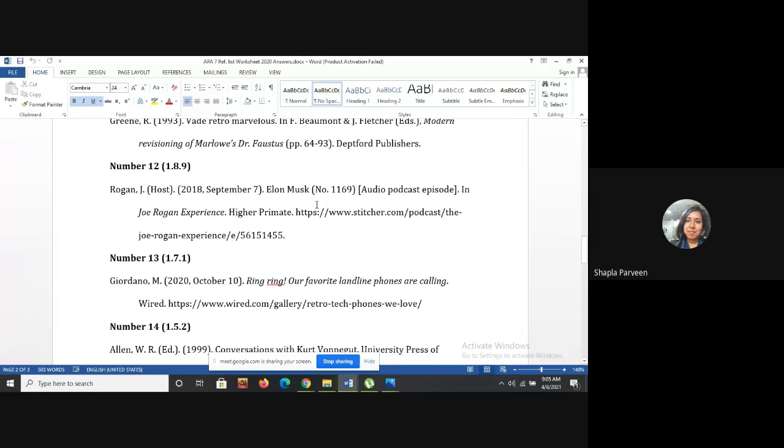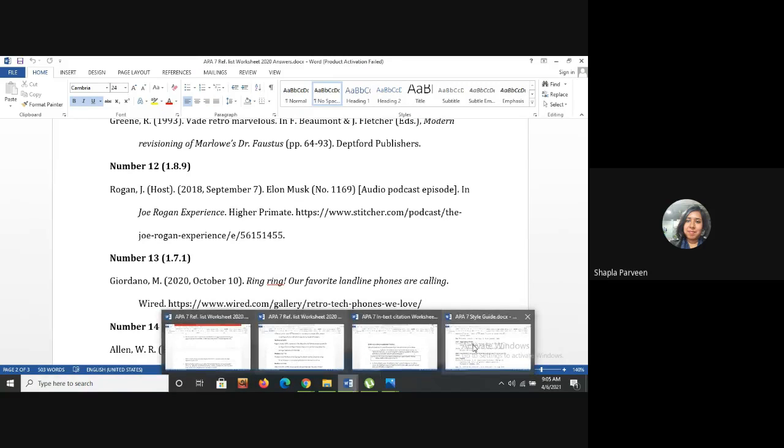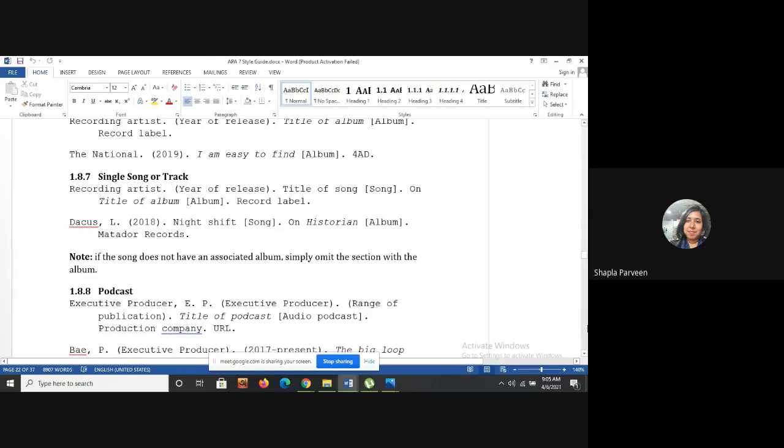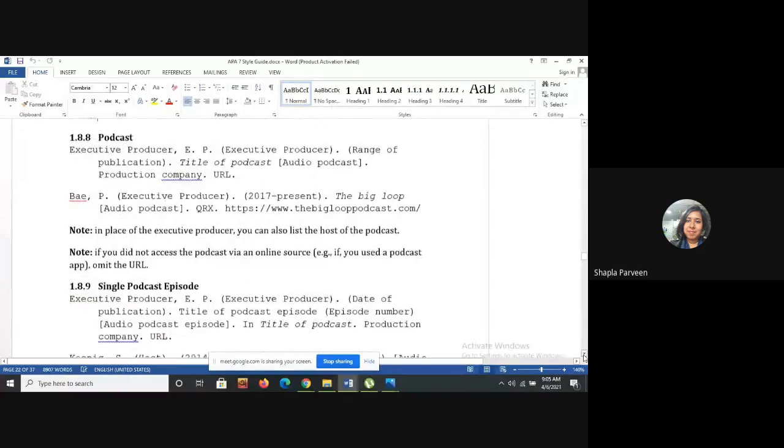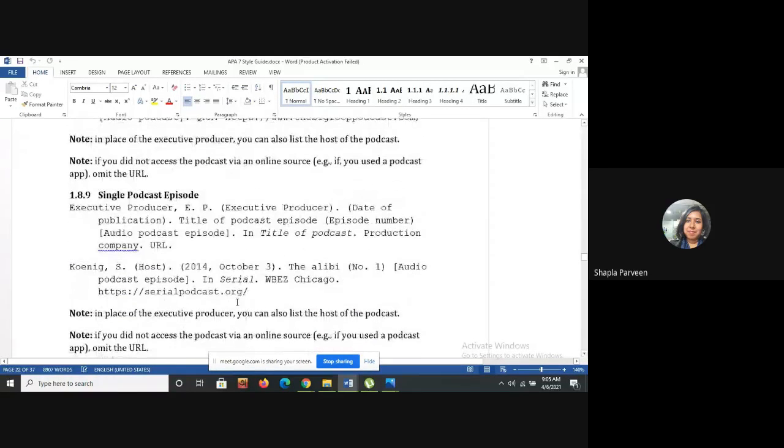Okay, let's check rule number 1.8.9 for podcast, single podcast episode. Okay, here's the rule.